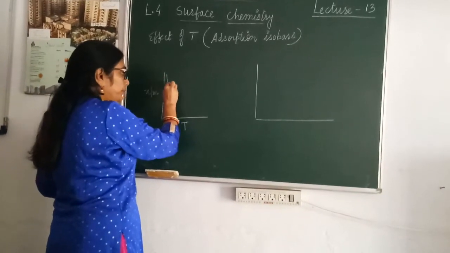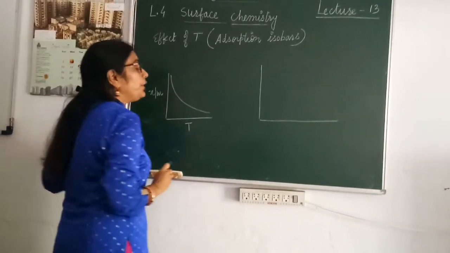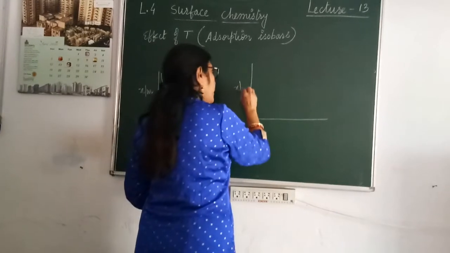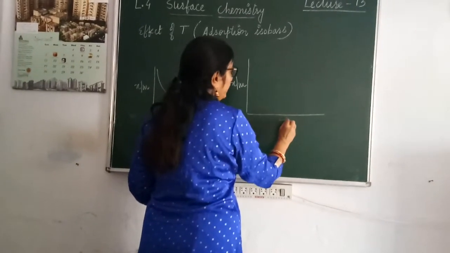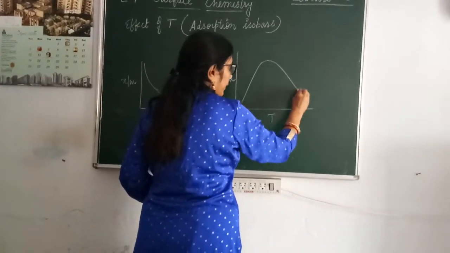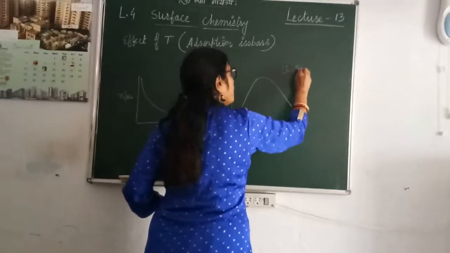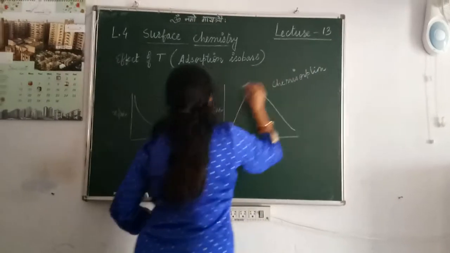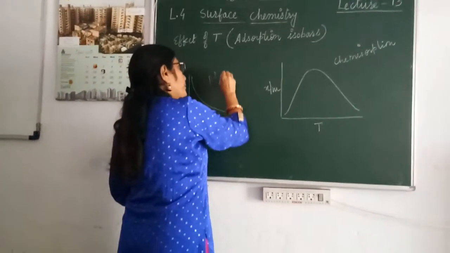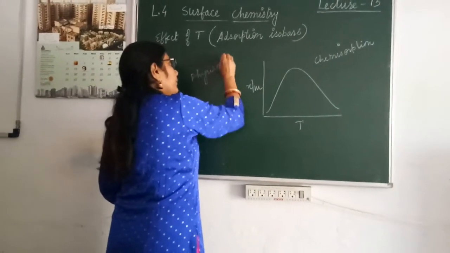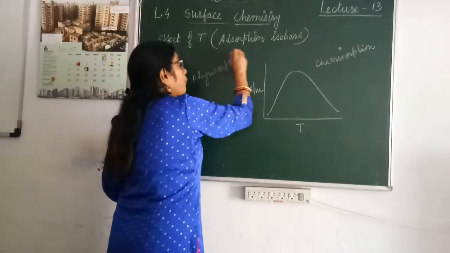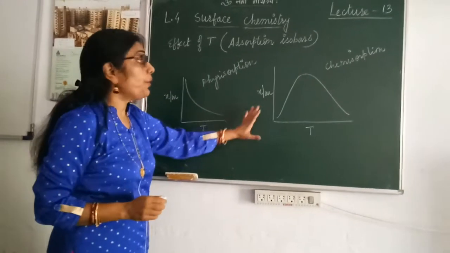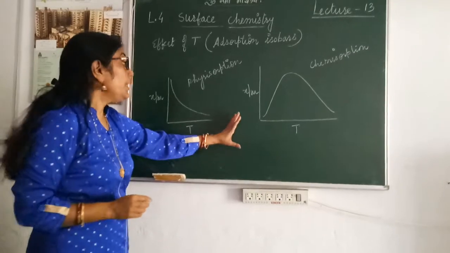For physisorption, the nature of the graph is like this, but for chemical adsorption, this is for chemisorption and this is for physisorption. Now, why is the nature of the plots different?